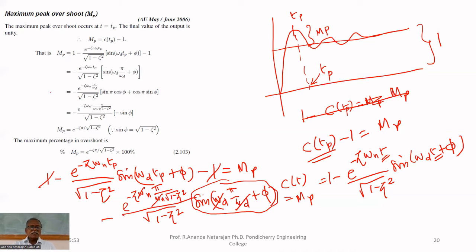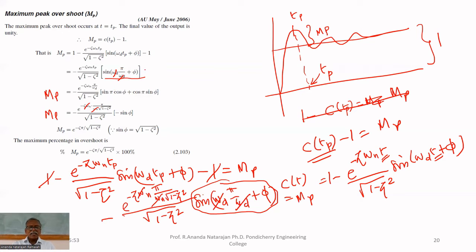This can be written as MP equal to e power minus zeta omega n pi by omega d, where omega n gets cancelled. MP equal to e power minus zeta pi upon square root of 1 minus zeta square, upon square root of 1 minus zeta square, this sine omega d, here also omega d gets cancelled.